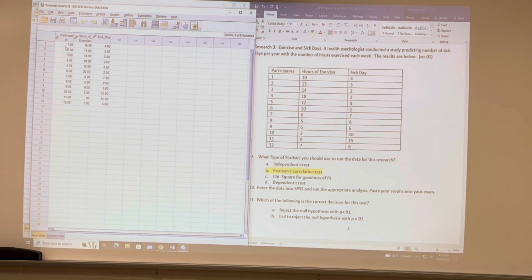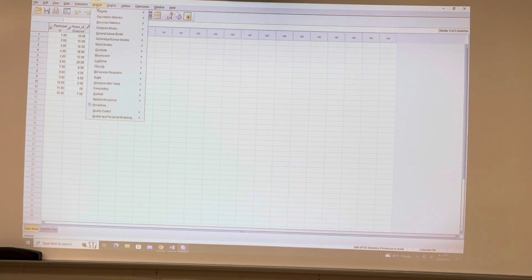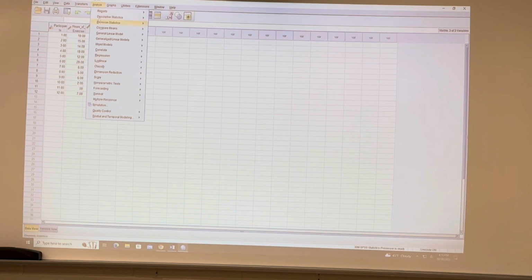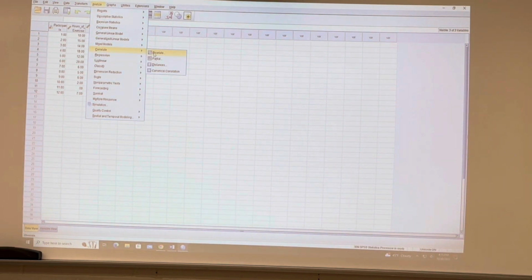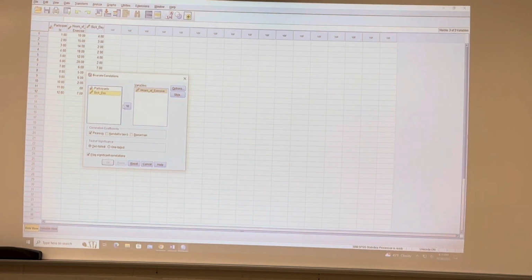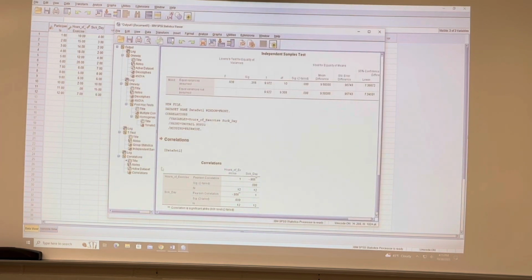Make sure your data is correct. So where do we go? Correlate, and then bivariate. Never put participant in the test. Hours of exercise and sick day. I don't think you need to do anything else, just say okay.